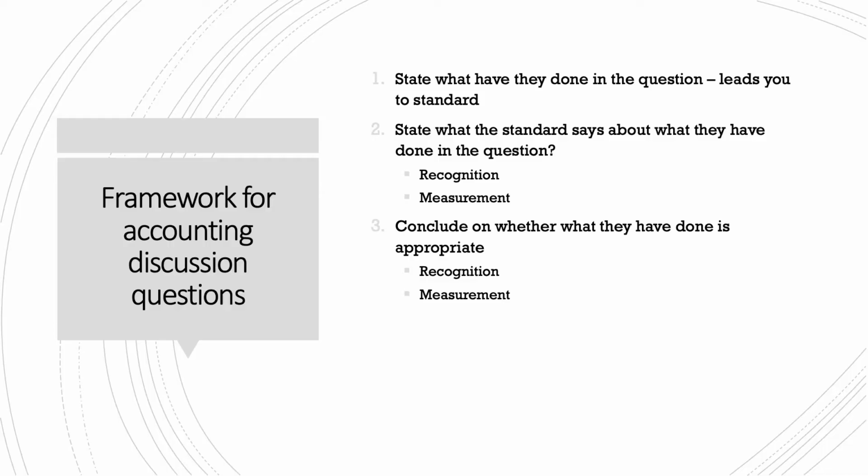But you're not done. Having concluded, say for instance, if you conclude that the accounting treatment is correct, then obviously you stop. But if you conclude that the accounting treatment is incorrect, or what they have done in the journal entry is incorrect, you now need to take it a step further, especially if they ask you a question like assess the appropriateness, right? Then you need to actually take it a step further and say, this is actually what they should have done.